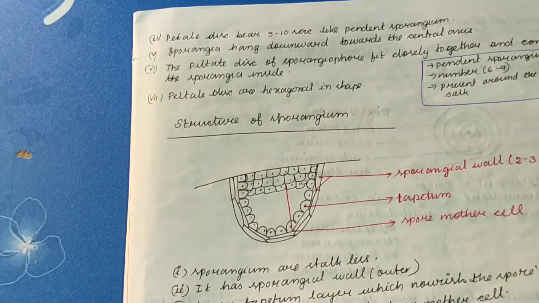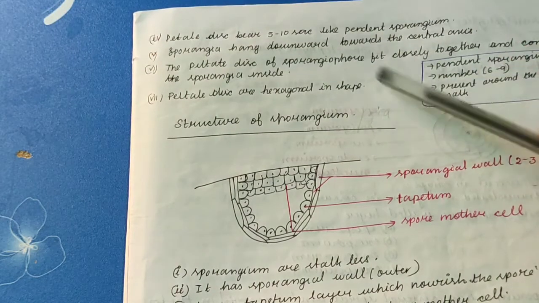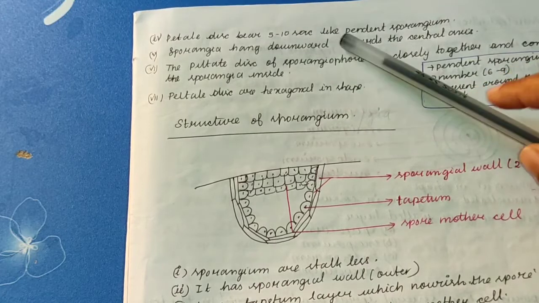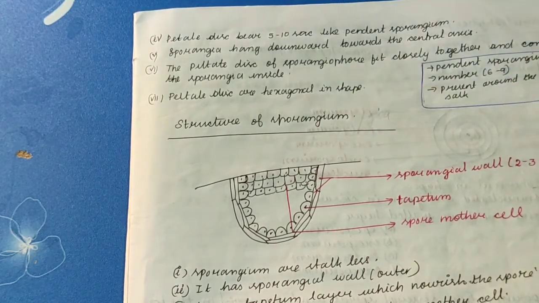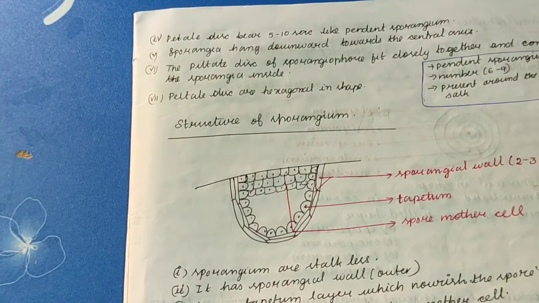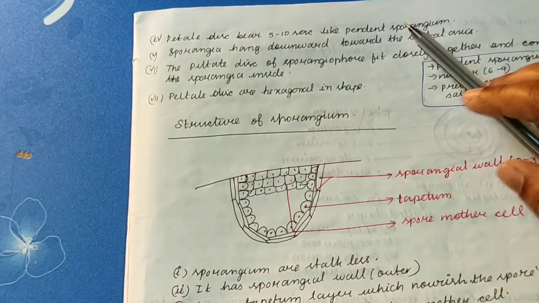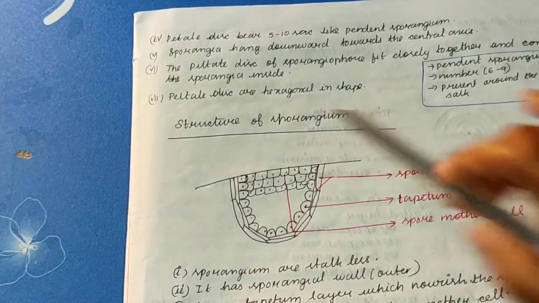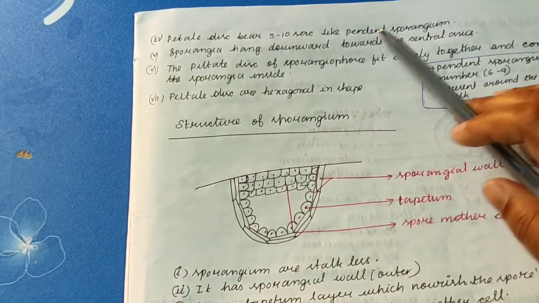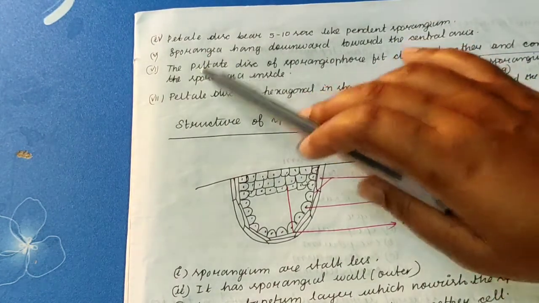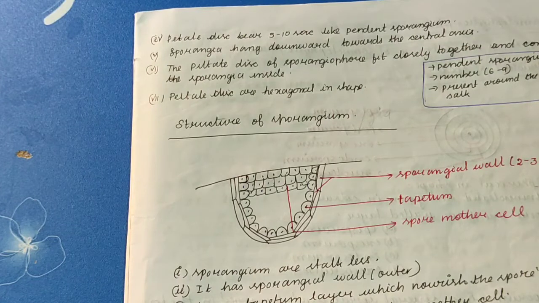The peltate disc bears 5 to 10 sac-like pendant sporangia. So each sporangiophore, or peltate disc, bears 5 to 6 sacs of sporangia, and the sporangia hang downwards toward the central axis.